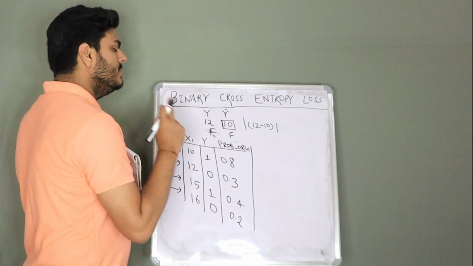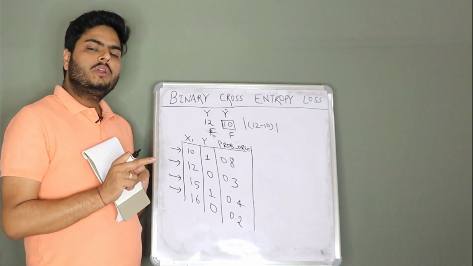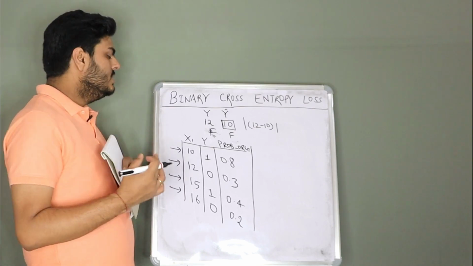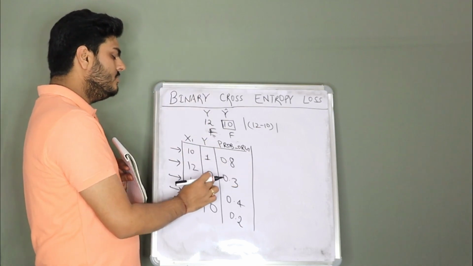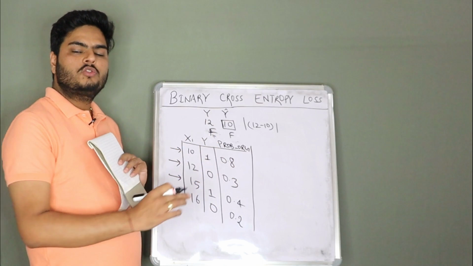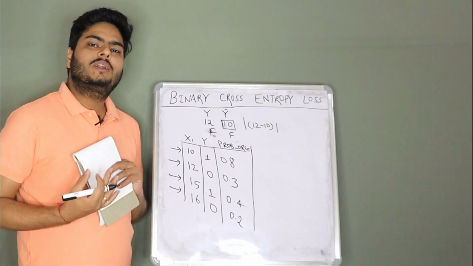This is the original probability. Now imagine a scenario where your model says the probability of this falling in class 1 is 0.8 and the probability of this falling in class 0 is 0.3. So whatever the original record, that probability only your model tells.